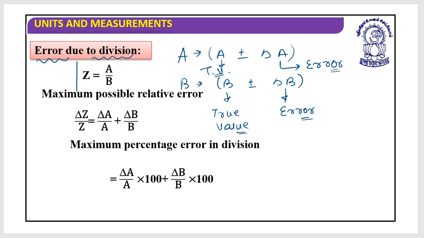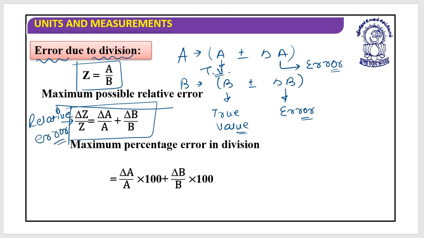Now, if I need to perform Z is equal to A by B, then the maximum permissible relative error can be calculated as delta Z by Z is equal to delta A by A plus delta B by B, where delta Z by Z is called the relative error that we already know.